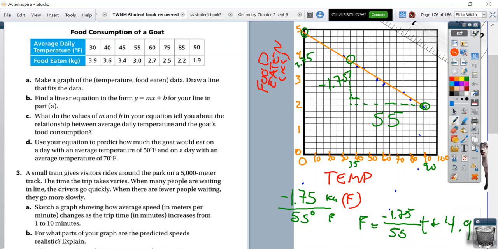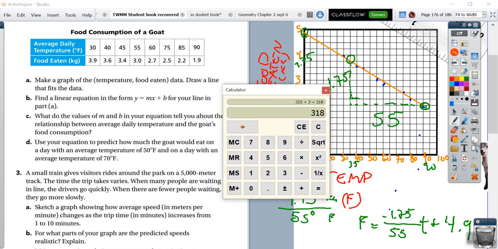Now, that's still a hard number to wrap my head around, so it would be totally appropriate to go 1.75 divided by 55 and get, so that means for every degree Fahrenheit that the temperature goes up, the goat will eat 0.03 kilograms less.